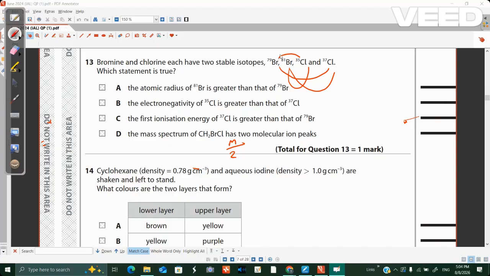So if you take 79 and 35, you are getting a mass of 114. Between 79 and 37, you are getting another, 116, right? Between 81 and 35, again 116, right?